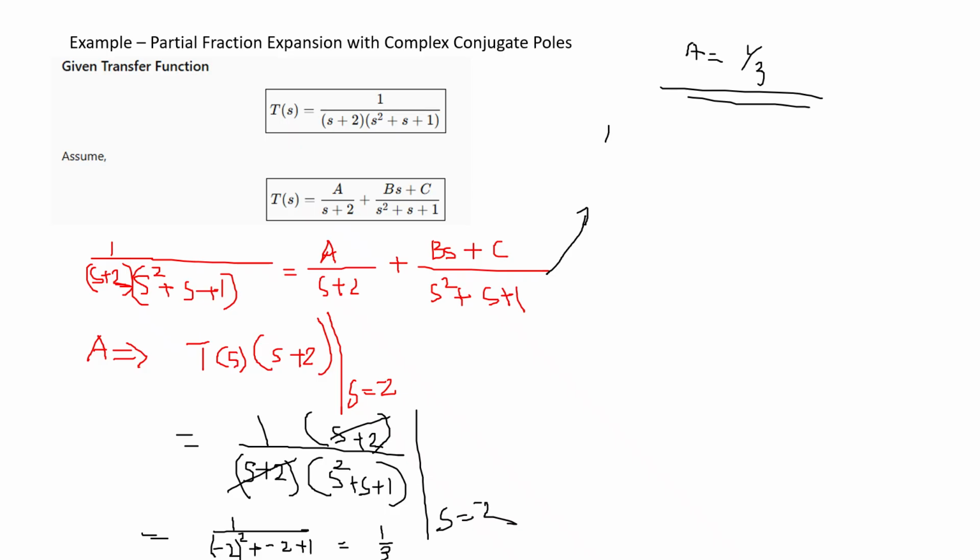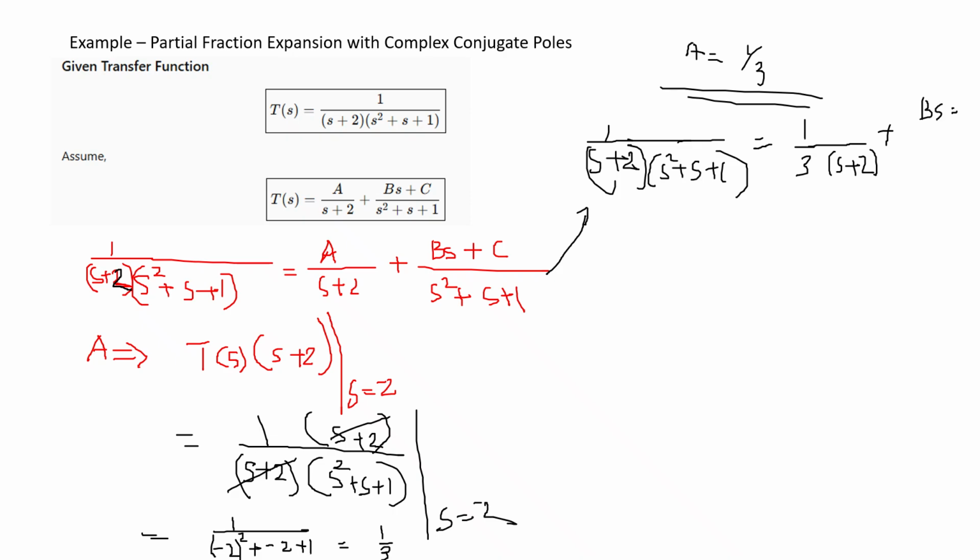So what is it? 1 by s plus 2 into s square plus s plus 1 is equal to, you have written this equation once more, so you can substitute the value a as 1 by 3 into s plus 2 plus bs plus c by s square plus s plus 1.